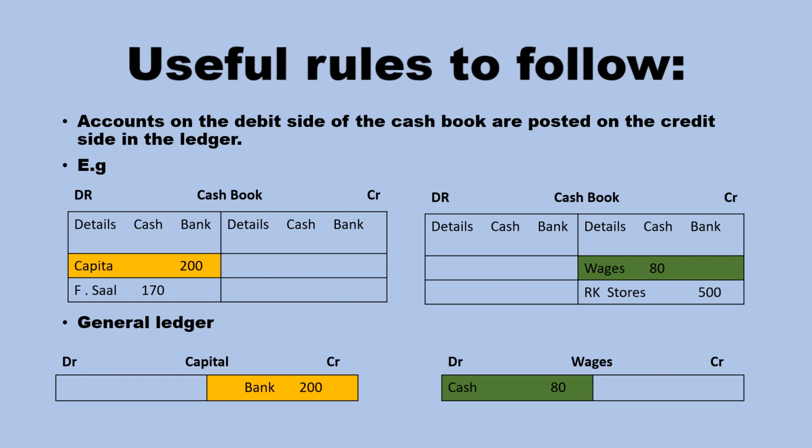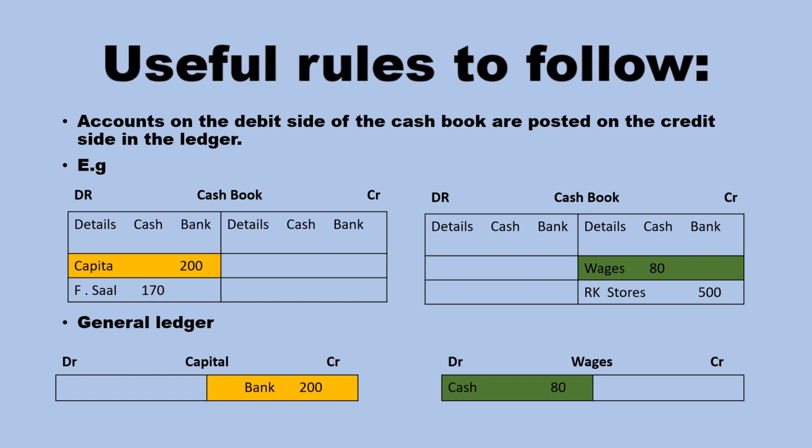Useful rules to follow when posting to the general ledger. Accounts on the debit side of the cash book are posted on the credit side of the ledger. Remember, we are doing the general ledger to complete the double entry principle, which states that for every debit there must be a credit.